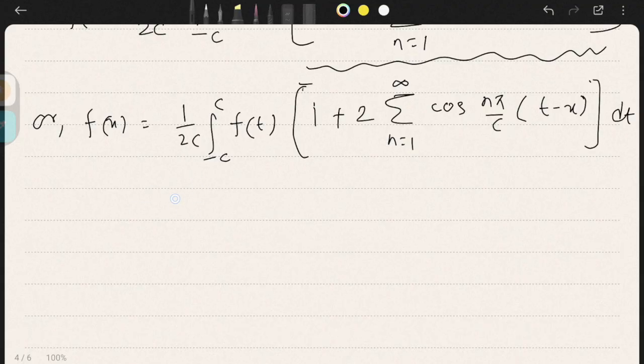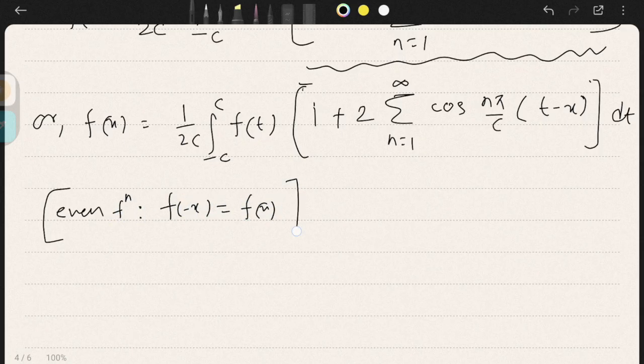And we know that cos is an even function. Cosine function is an even function. What is an even function? It is nothing but f of minus x is equal to f of x. So cos of minus x is equal to cos x. So cos is an even function.